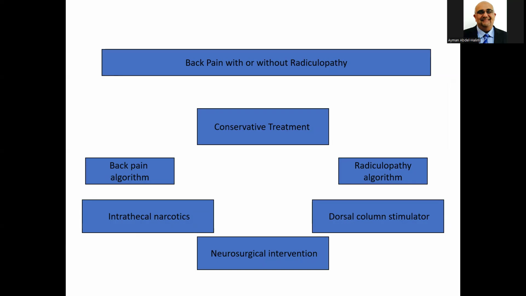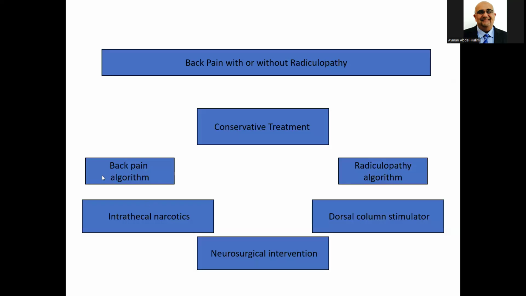Remember, only 15% of low back pain patients will suffer radiculopathy. So the more common is the low back pain. Now, 85% is low back pain, 15% is radiculopathy, and you can have also mixed pictures. Back pain with lower extremity pain.